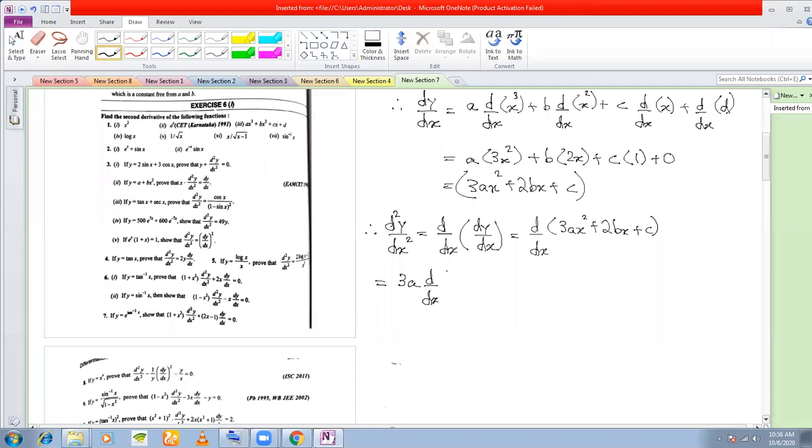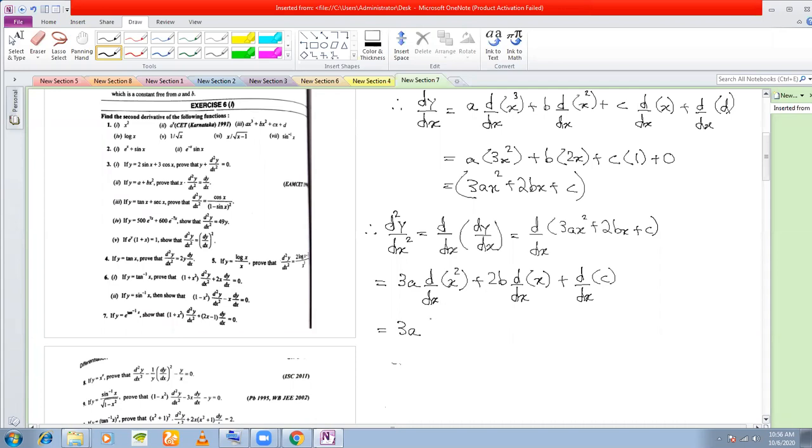You can simply get d/dx of x square plus 2b d/dx of x and d/dx of c.